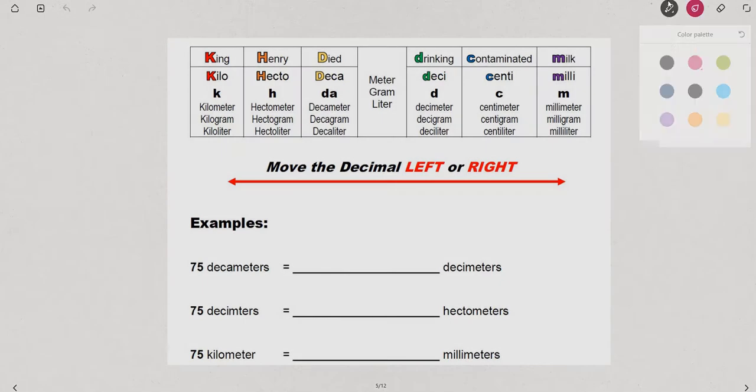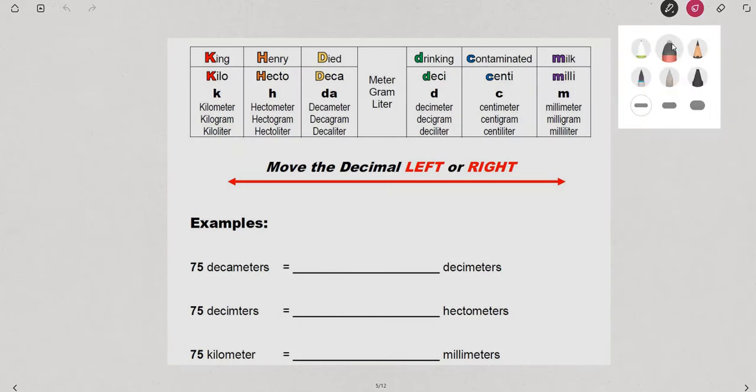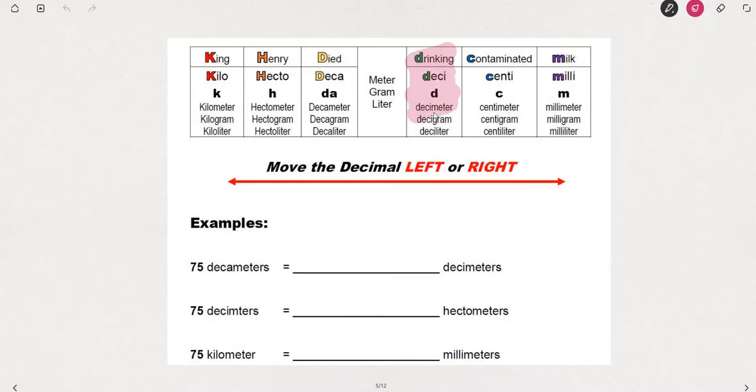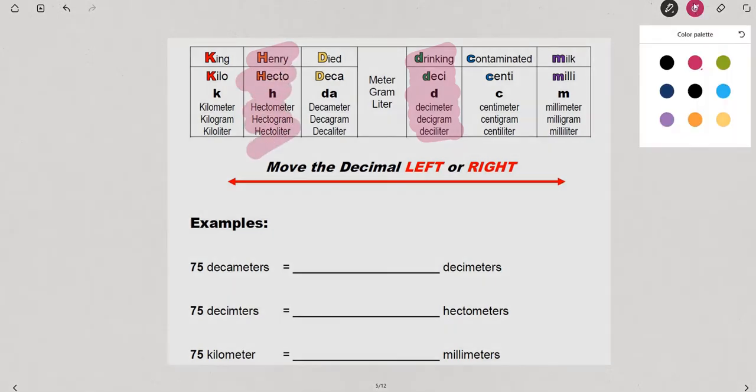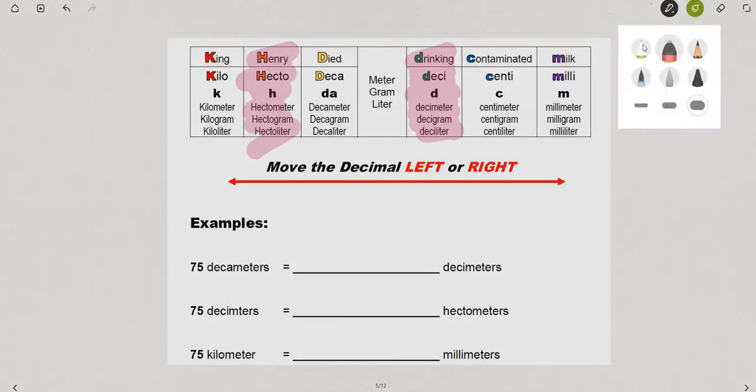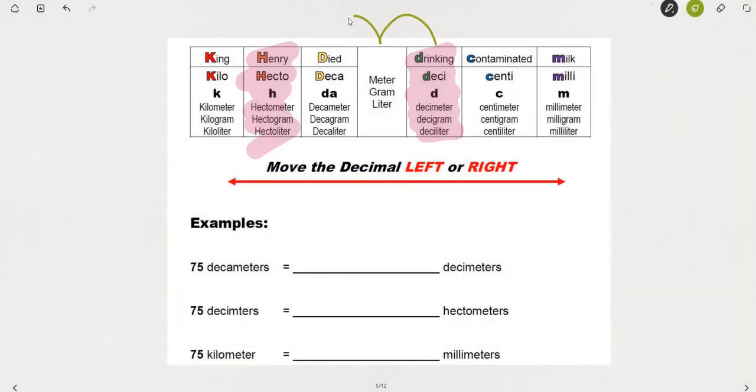If we wanted to convert from 75 decimeters to hectometers, the first thing to do is to count how many spaces that is, how many units is it, and it's 1, 2, 3.